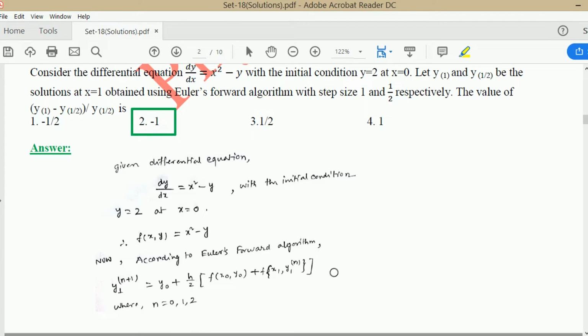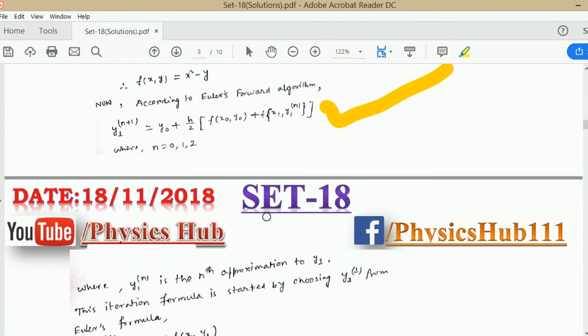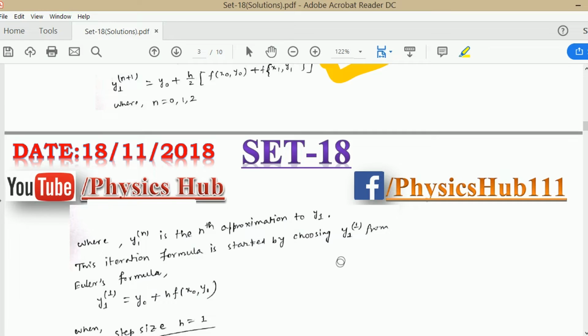Now to apply this formula we should assume some approximation. For the time being we are assuming, but it can be proven. Here y1 of n is the nth approximation to y1. This iteration formula is started by choosing y1 of 1 from Euler's formula.